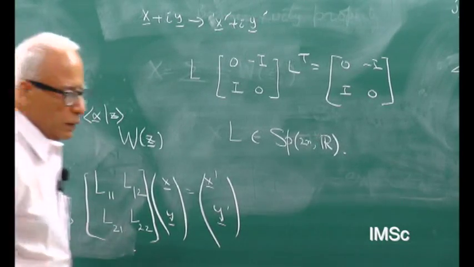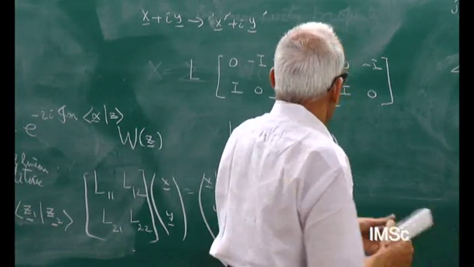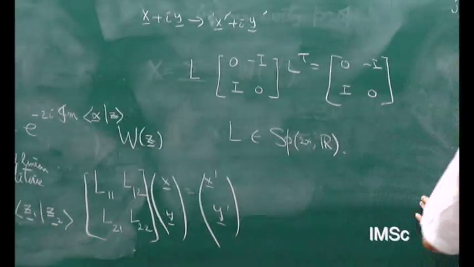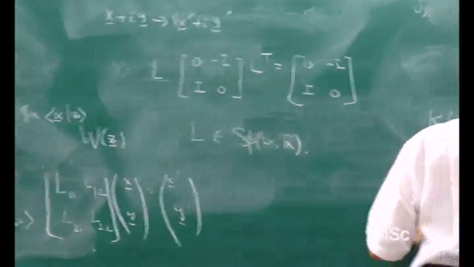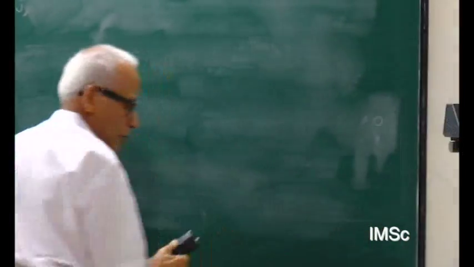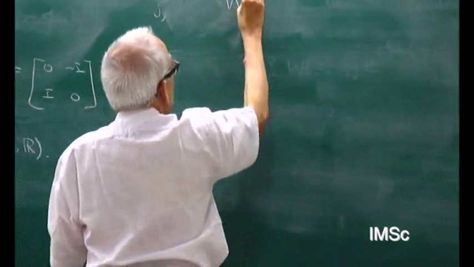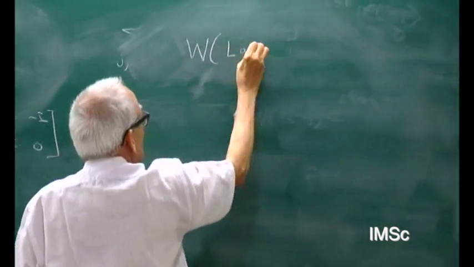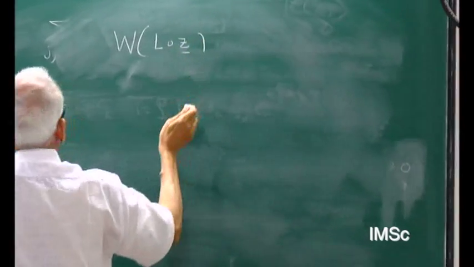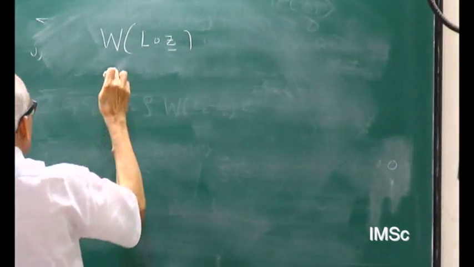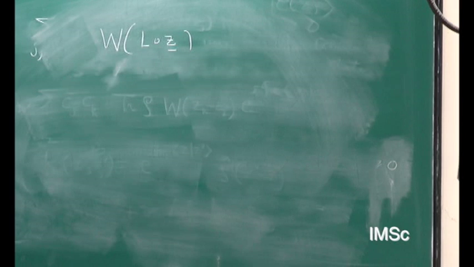Then you note the following. If you consider the Weyl operator W(LZ), L acting on Z in this way, because it preserves the imaginary part, it is also another solution to the Weyl commutation rules.